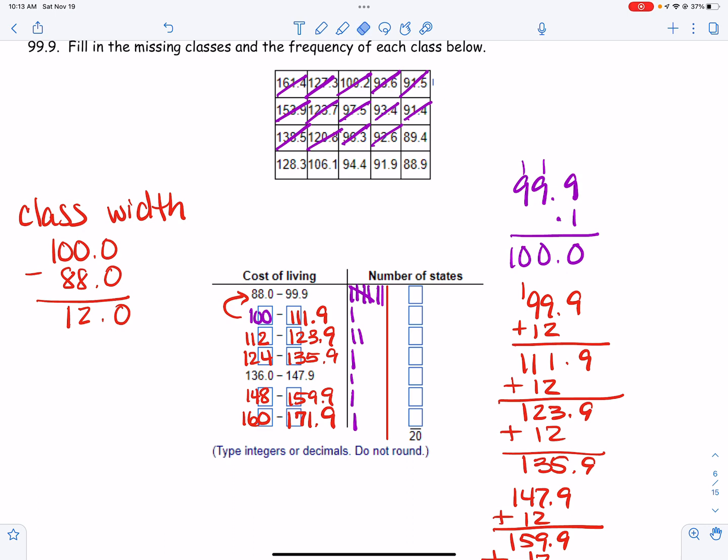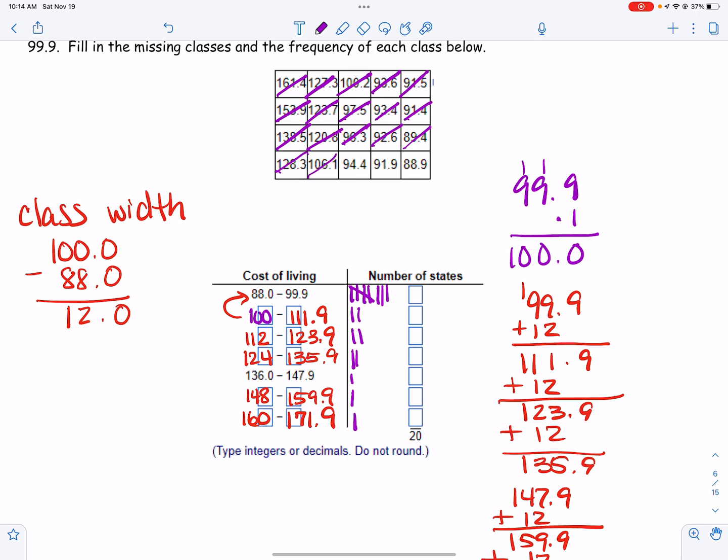I'm going to have to move my red line. 89.4. 128.3. Ooh, undo. 128.3 is there.